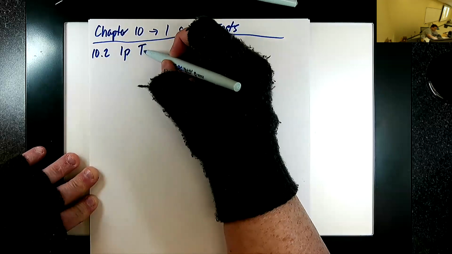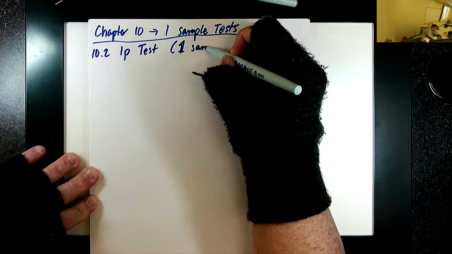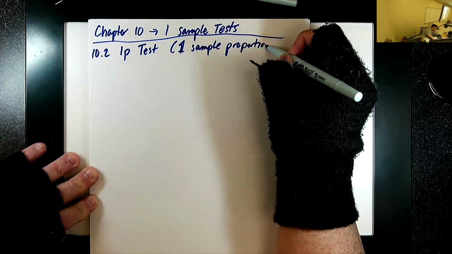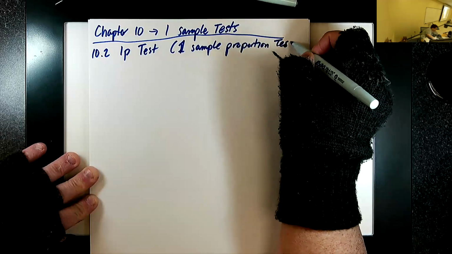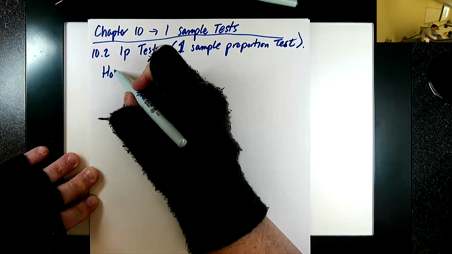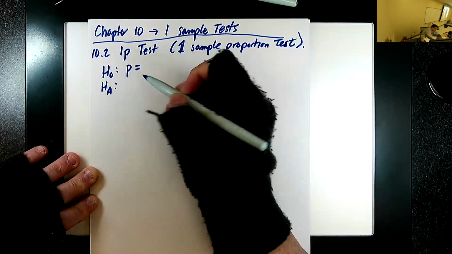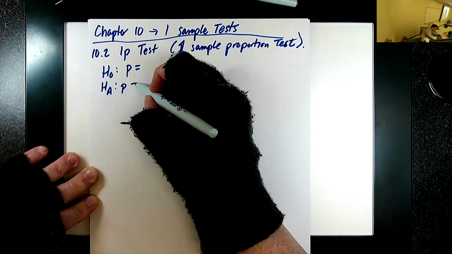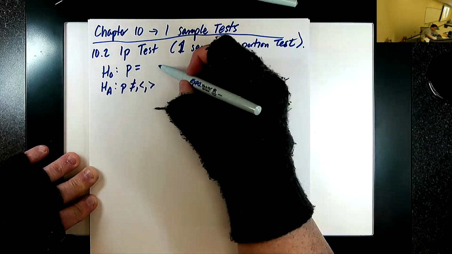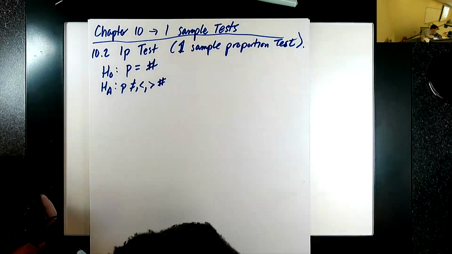I call it 1P test, which is one proportion, one sample proportion. H naught and HA are P equals something, and then P doesn't equal some number over here that we don't know. Problem dependent.